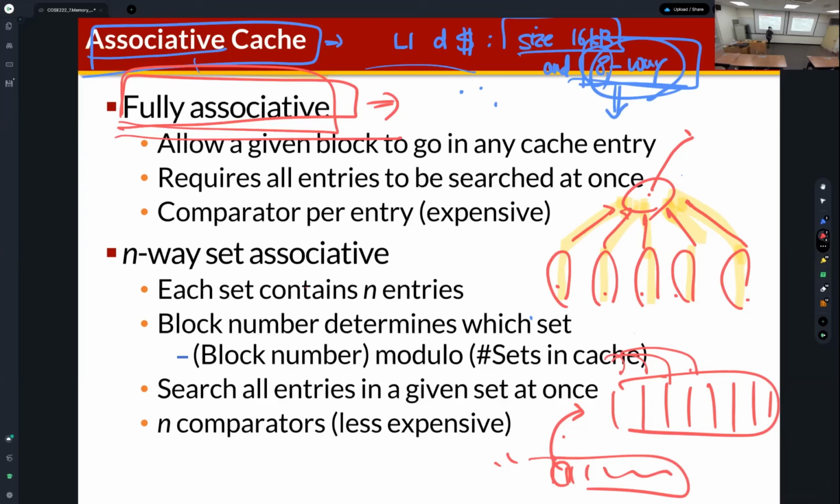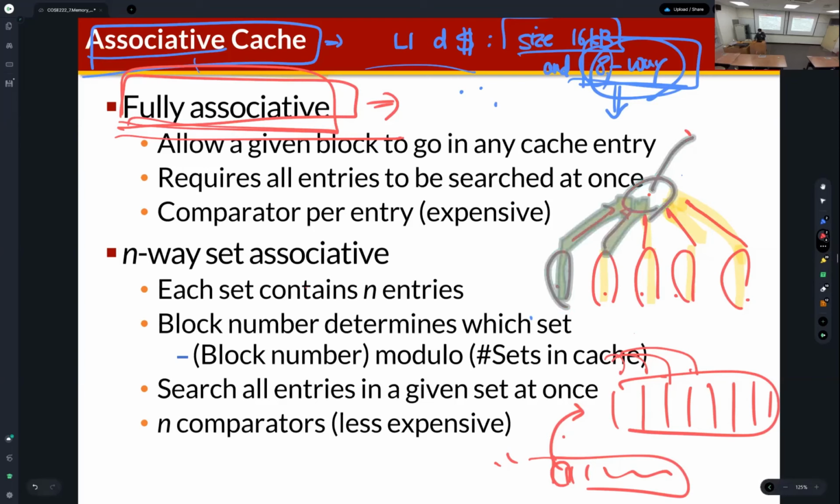The benefit of a fully associative cache is that cache block space is not wasted by the mapping policy, because the memory blocks can be stored in any blocks, any lines of the cache. So we do not waste cache space due to the mapping policy. This is the fully associative cache.